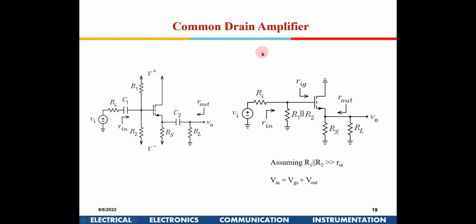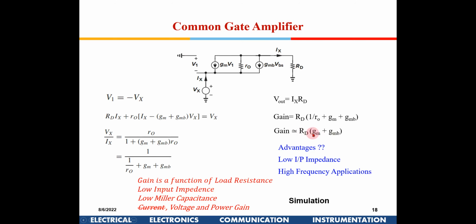Now I have something on the common drain amplifier. For both the earlier configurations, one of the drawbacks was that the final gain is dependent on the load resistance. Whether it be common gate or common source, I cannot connect a low load.